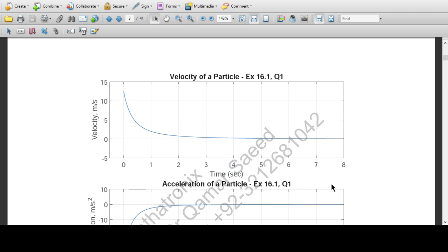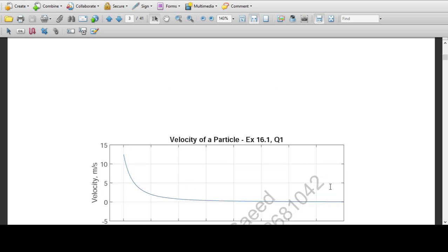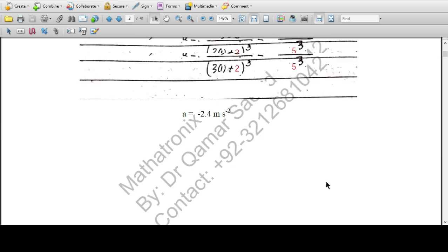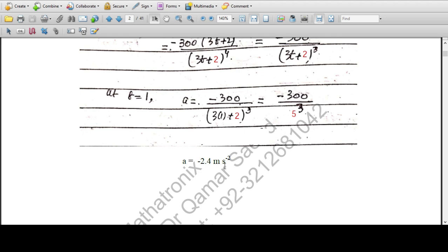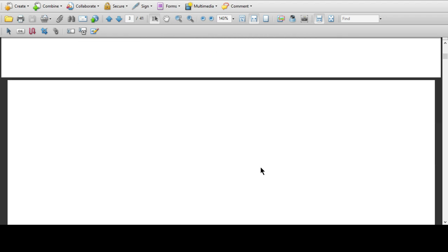At t is equal to 6, the velocity is 0.125, which is very, very close to 0. And at t is equal to 1, the acceleration is obtained as minus 2.4 meters per second square.